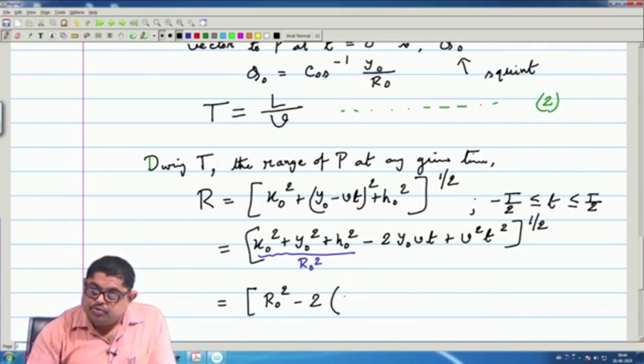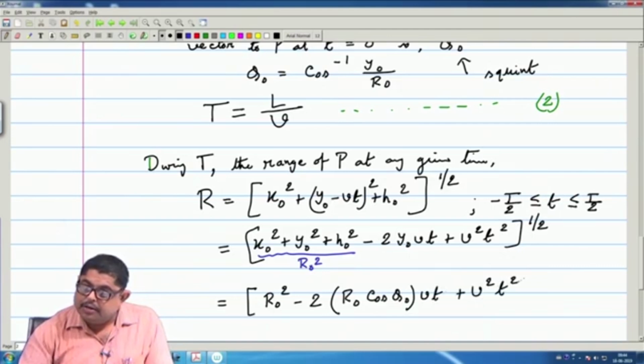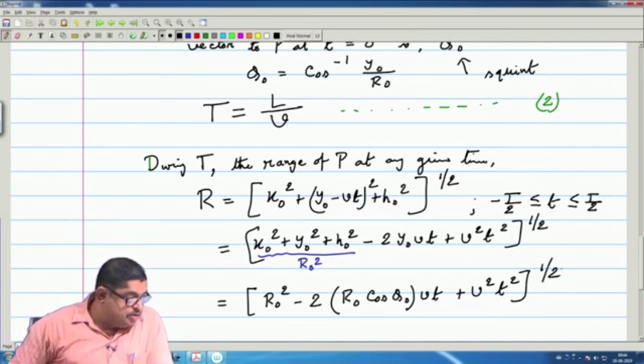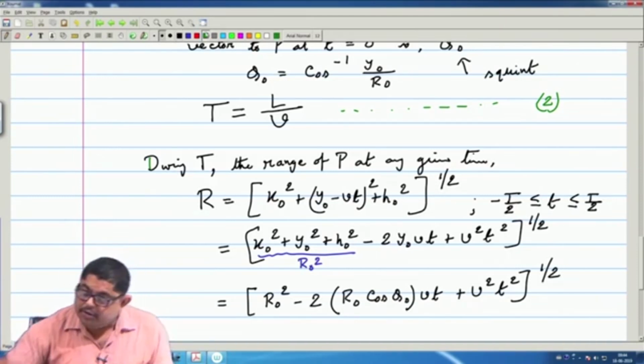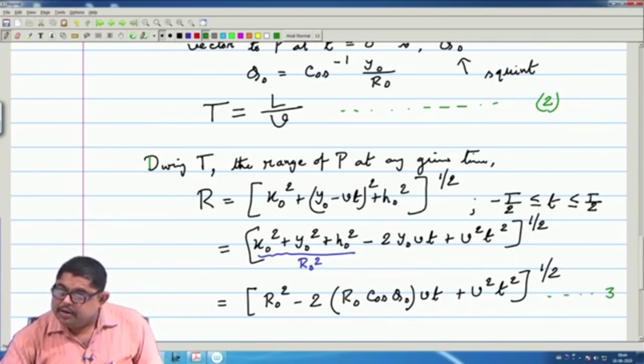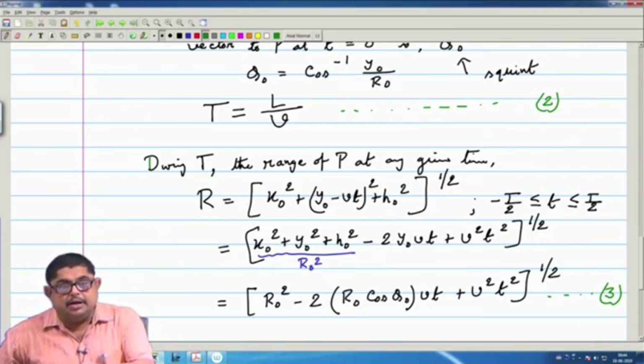So, I can write instead of y naught, R naught cos theta naught v t plus v square t square, to the power half. So, this I will call my equation 3.